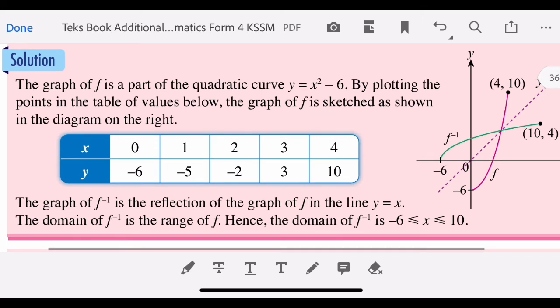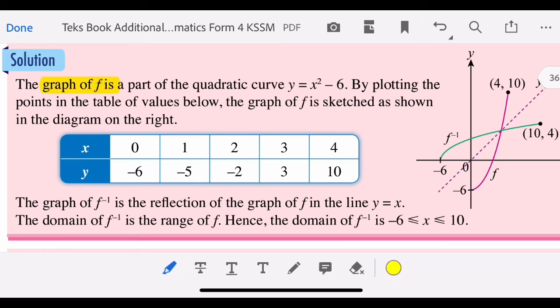Basically, the graph of the function is a quadratic curve, x squared minus 6 for the y. So we need to plot the points in a table like this, so we have to find the points.